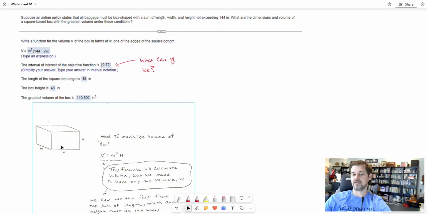What you might imagine is a really tall but narrow box is not going to hold as much space on the inside of it as one that might be a little shorter but wider. Okay, so there's an optimum. There's a way to optimize it.